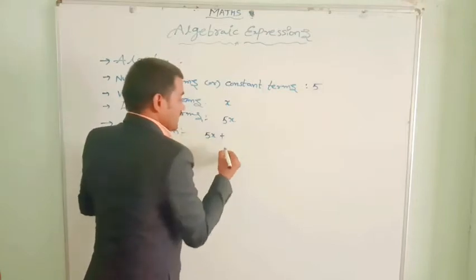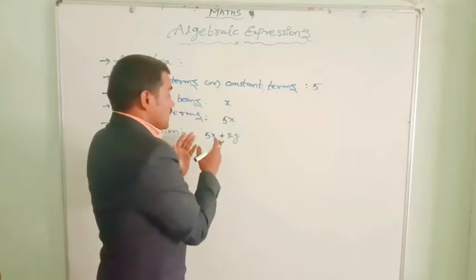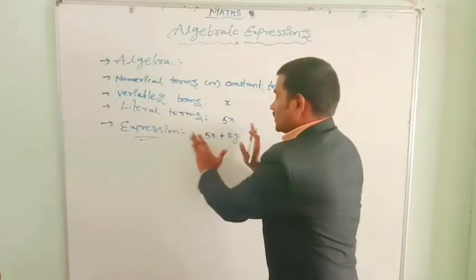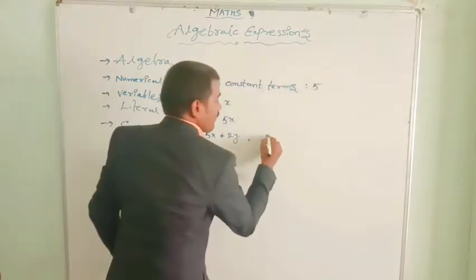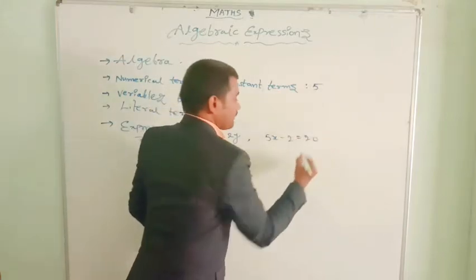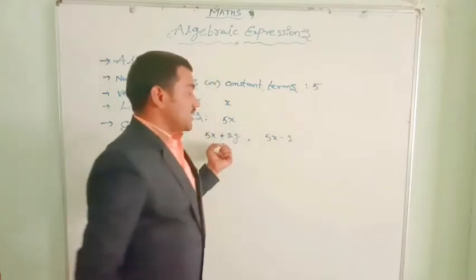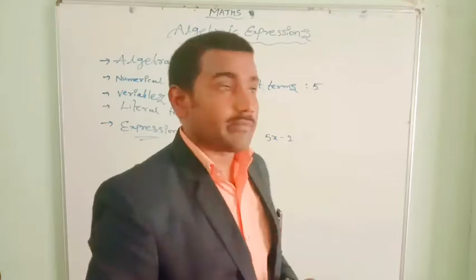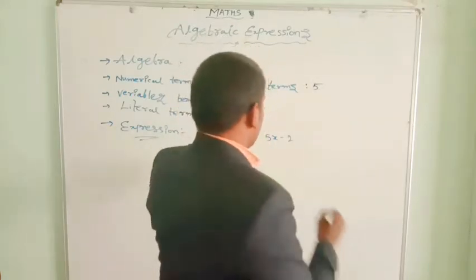Phi x plus 2y is also an expression, a combination of terms. So an expression is a single term or combination of terms which are connected by plus or minus. Here, plus or minus only.